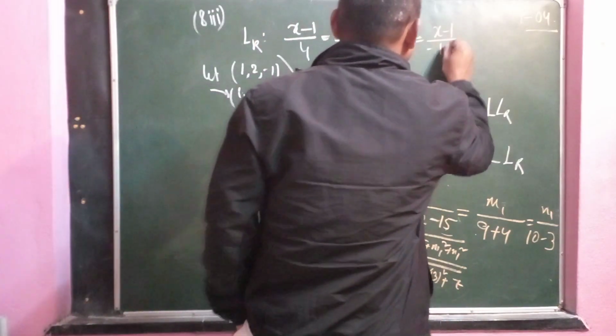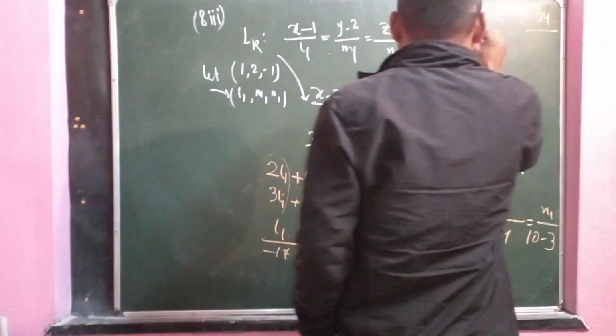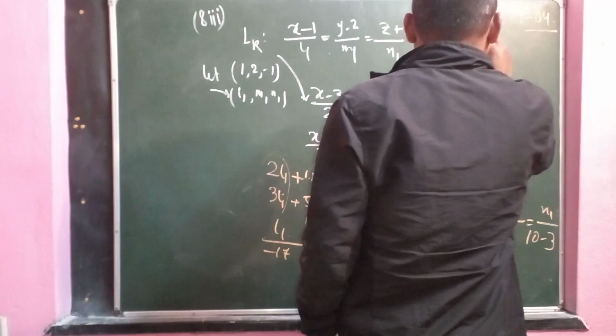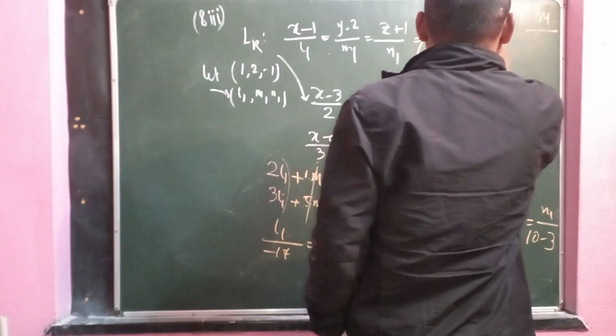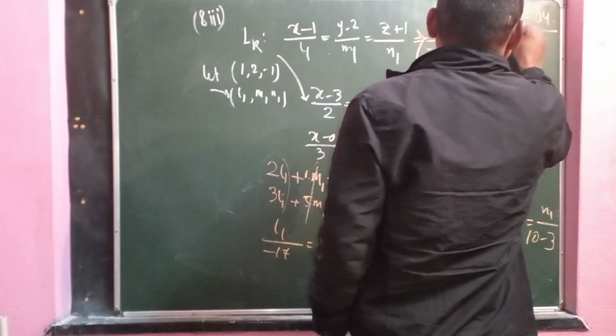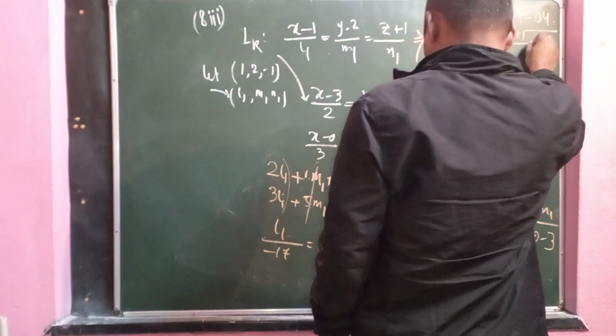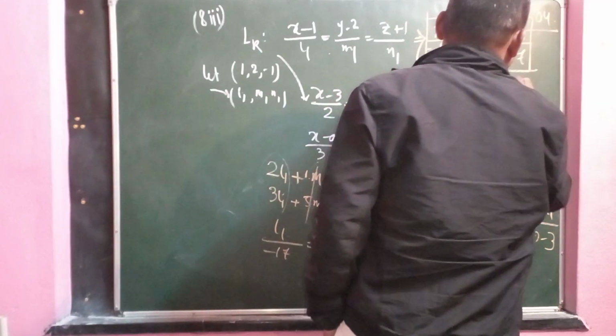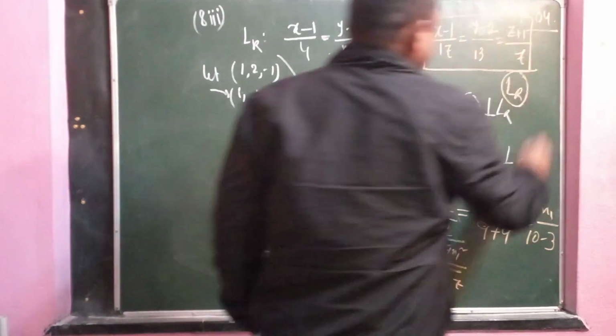So this is minus 17. M1 will be in this form 13. Sorry, not M1. Y minus 2, and Z plus 1 divided by 7. This will be your required straight line equation.